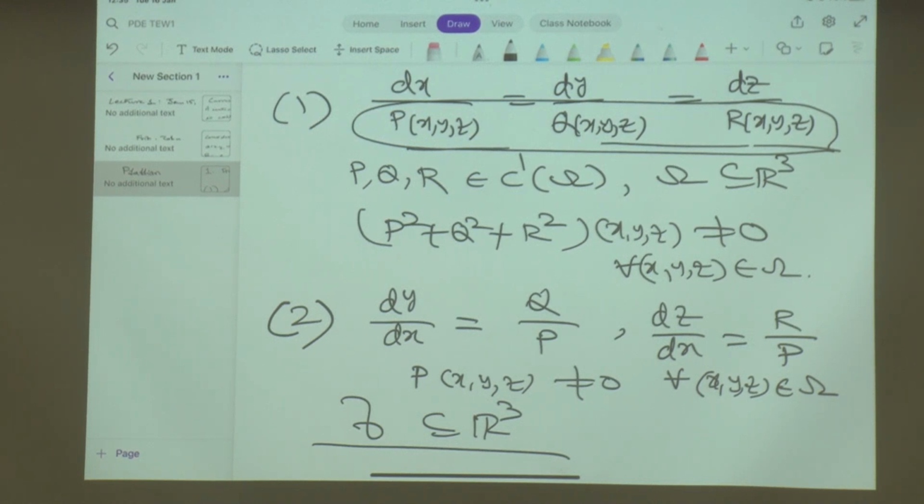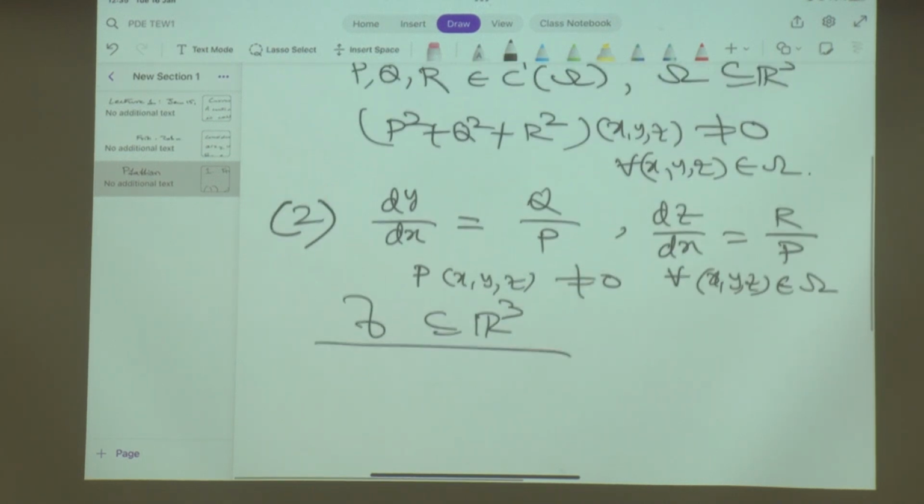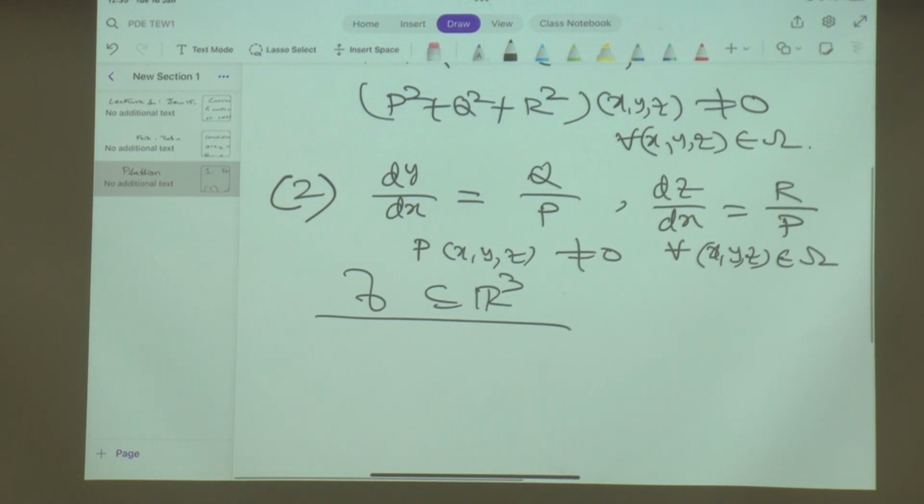That we got from the first two equations, right? So we will discuss this 1 and 2 now. But before that, we just have a look at 2 itself and see what this is. Equation 2 is nothing but d by dx of y and z is equal to q by p and r by p.